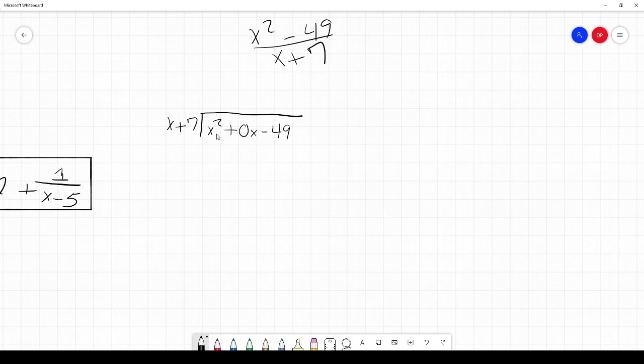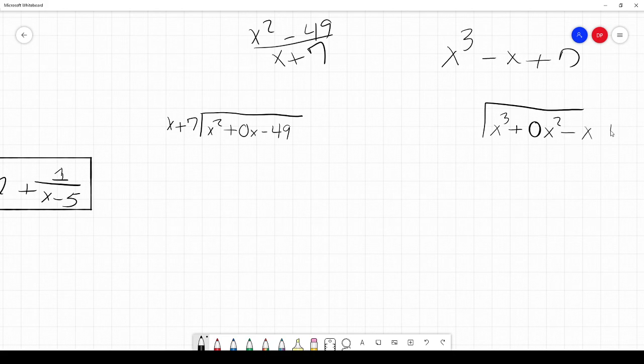Okay, so for instance, if you have something like x cubed minus x plus 7, when you're doing your division, you need to write it like this: x cubed. Notice there's no x squared. So what you would do is you would put a placeholder 0x squared. Notice 0 times x squared is still 0. It doesn't change this. It's just leaving a place for it, leaving a space for it, so that when you have to add it up, you can keep everything lined up.